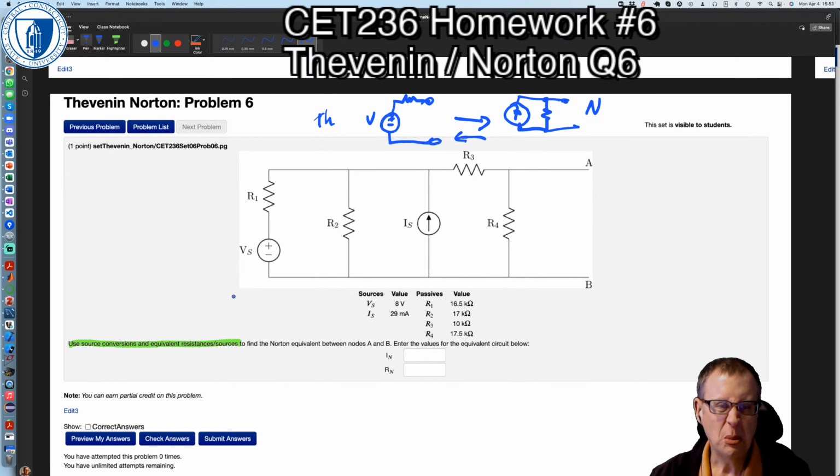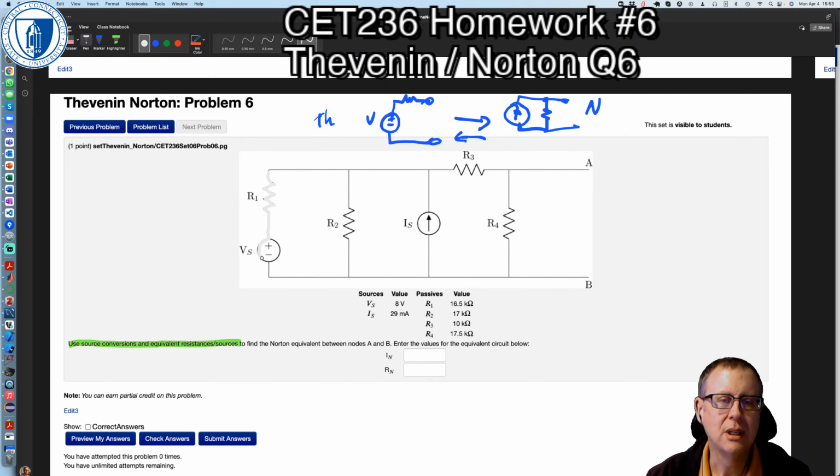And so the first thing we can see is we can convert R1 and VS into a Norton equivalent circuit, right?